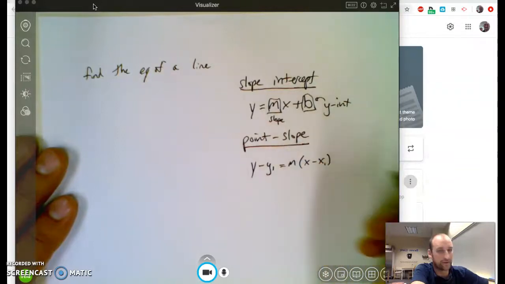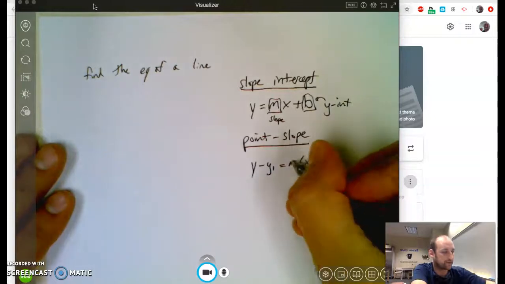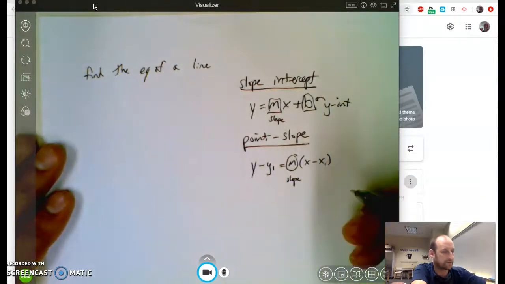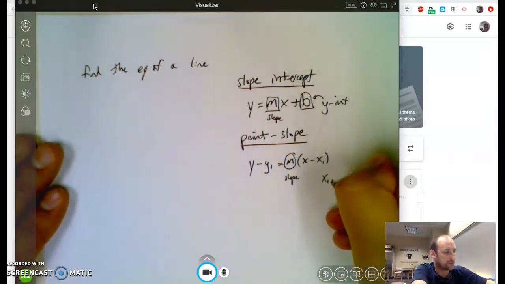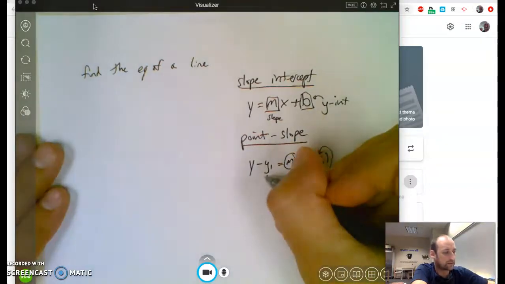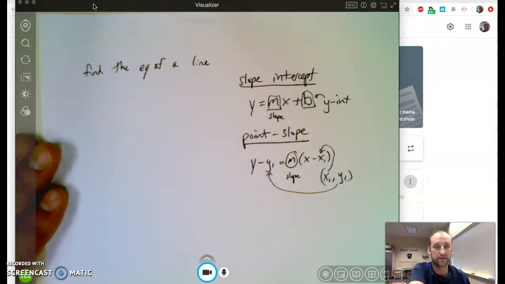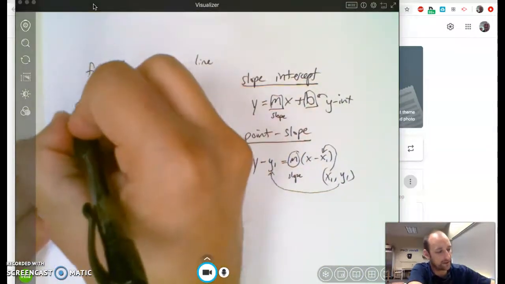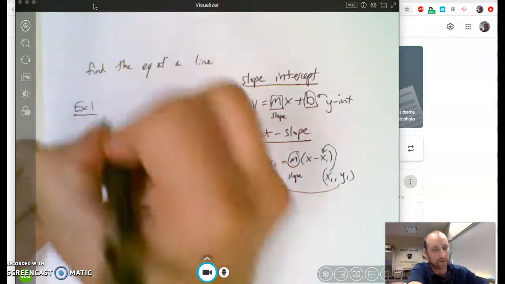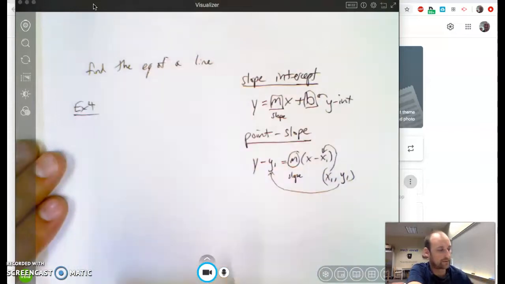I actually like point-slope form of a line because you still have slope, right? That's still slope. But if you just have a point, x1 comma y1, then the x part goes right there and the y part goes right there. It's pretty handy. Okay, so it depends on the problem, like you'll see in your homework. Maybe I should make that a 4.